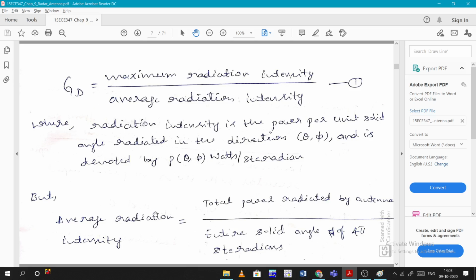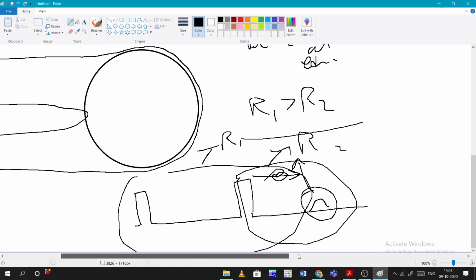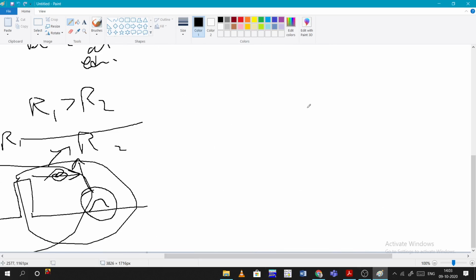The average radiated intensity is formulated as the total power radiated by the antenna divided by the entire solid angle of 4 pi steradians. What is a solid angle? In 2D we call it an angle, but in a 3D object we call it a solid angle. For example, let us take a 3D object, something like this, and the angle that is made here.